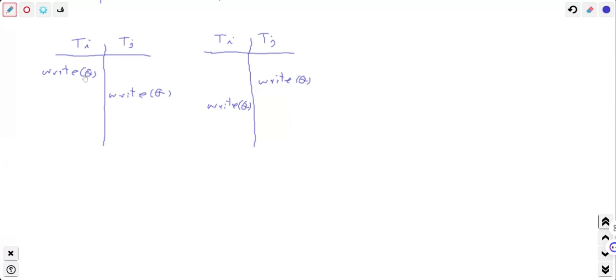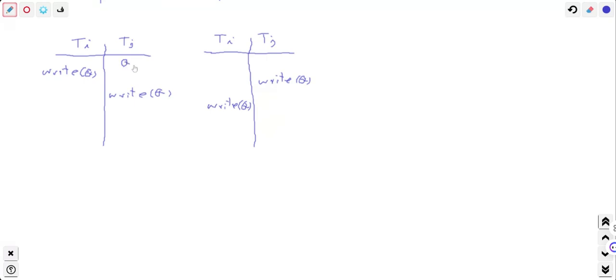Maybe the value that Ti wants to write differs from the value that Tj wants to write, because the computations in Ti and Tj are different. Maybe the value that Ti writes is 10 and the value that Tj writes is 20.